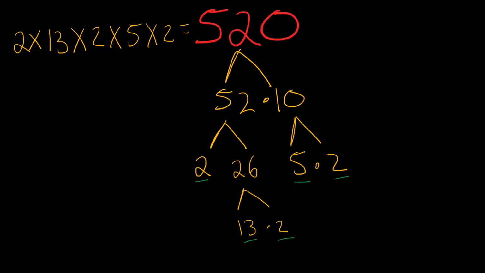And notice that all these numbers are prime. That's how you know if you did it right. And these numbers multiply to give the number that you originally tried to factor.